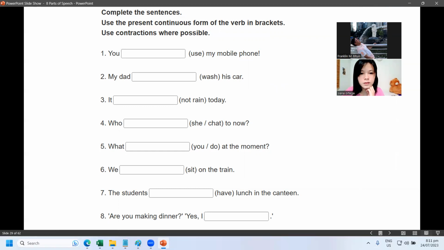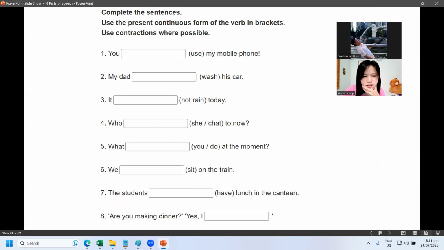Present continuous. Don't forget, you can use contractions. Don't forget the to be verbs. When you're using present continuous or past continuous, you always use verb to be. You can use my mobile phone.